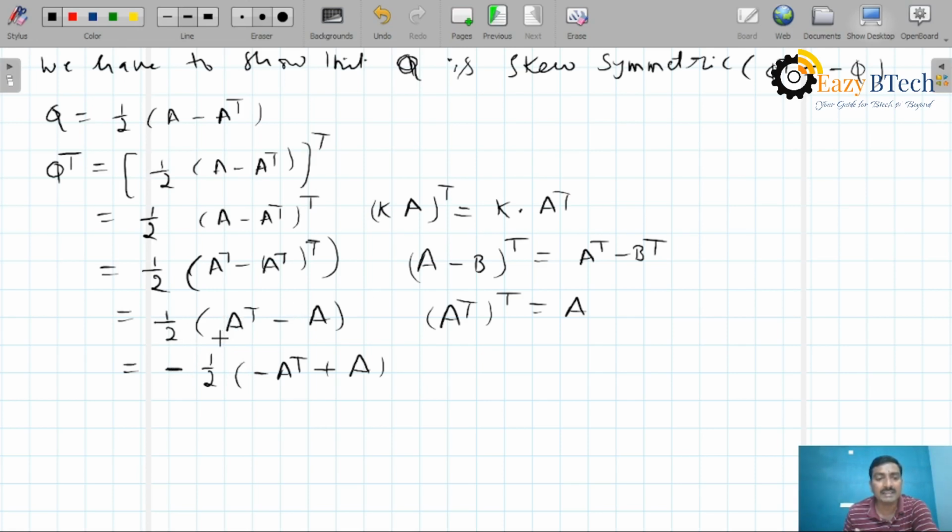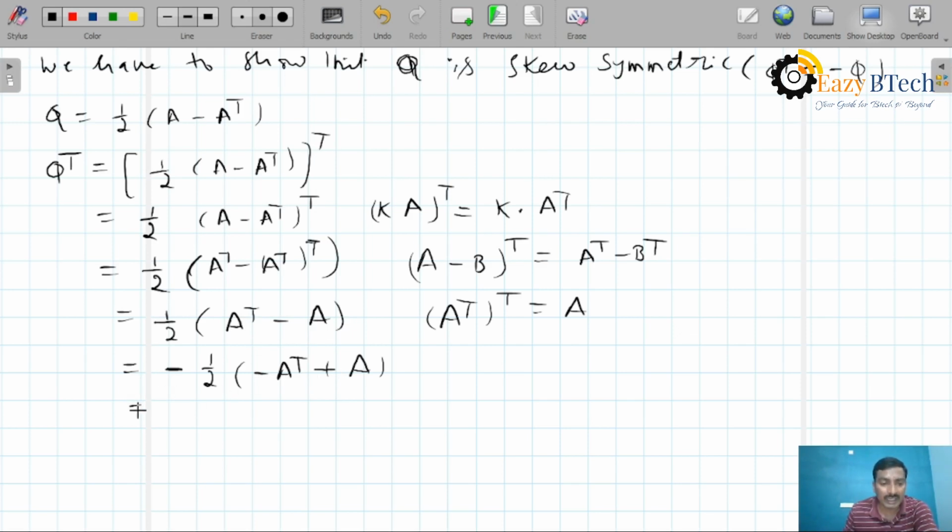Here there are two terms, A transpose and minus A. Taking minus common from each term, the sign changes: plus A transpose is converted into minus A transpose, and minus A is converted into plus A. Keep this point: if you take a minus sign common in an algebraic expression, every term's sign should be changed. So A transpose converted into minus A transpose, minus A converted into plus A.